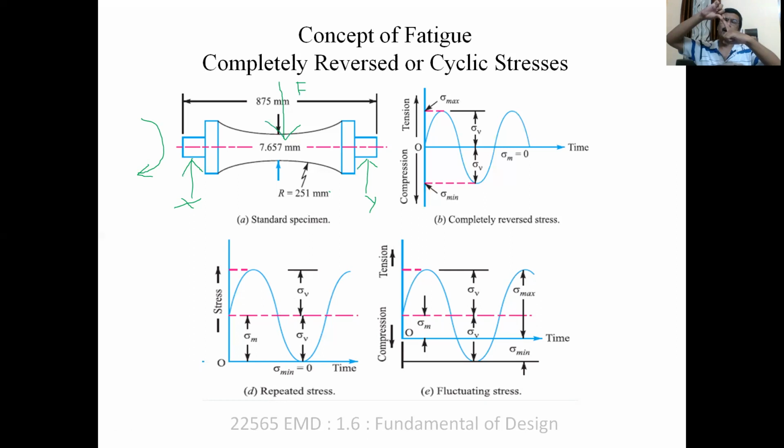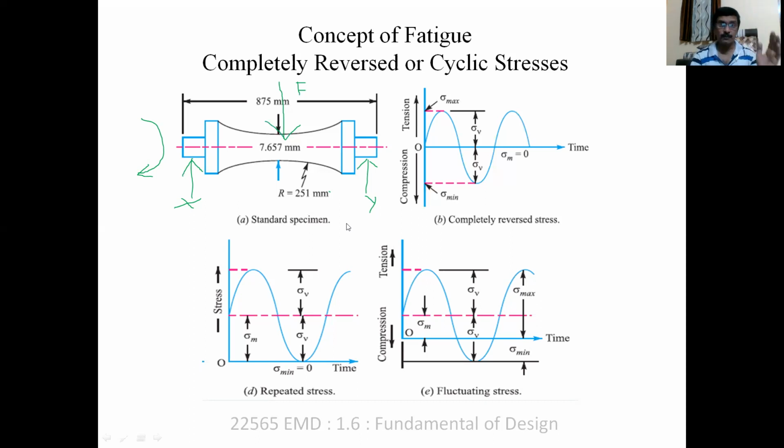Again, if I take full up and some part down, this is fluctuating. Fluctuating type of stresses you may observe when we travel in buses. Number of times there are fluctuating repeated stresses. So all these are the different stresses.